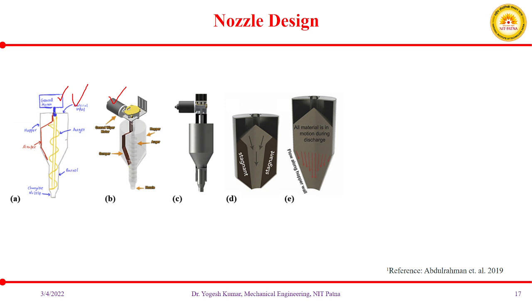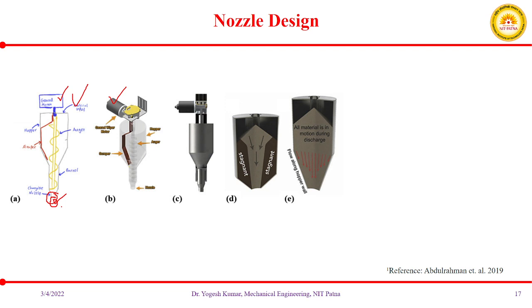Then you have a scraper. Then this small part is called your barrel. Then this is your nozzle tip, which is basically responsible for deciding the diameter, or the shape and size, of your extruded material.